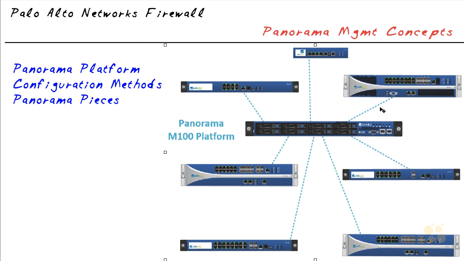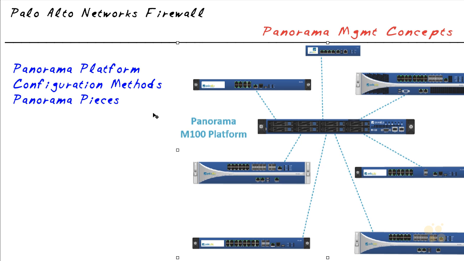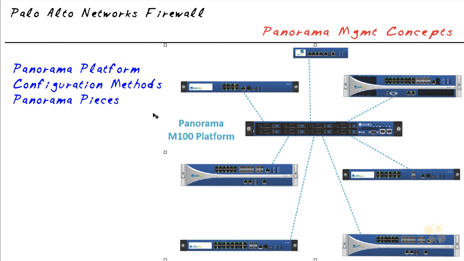So with that in mind, my M100, or back to my drawing mode here, my management platform is the one who will pull the updates from the internet, so we'll say from Palo Alto Networks.